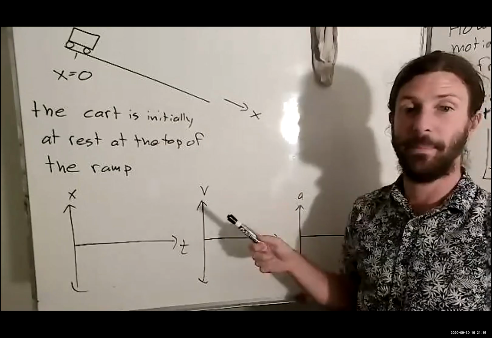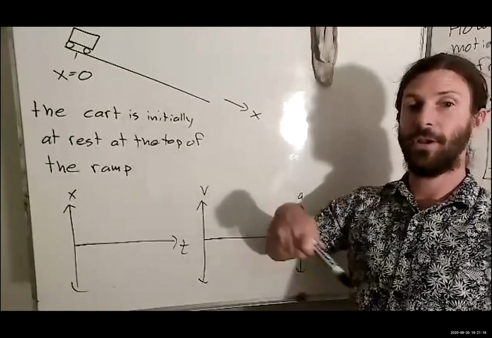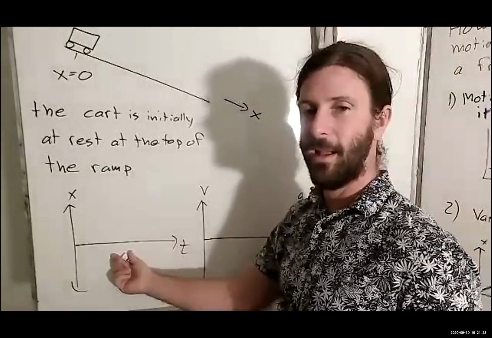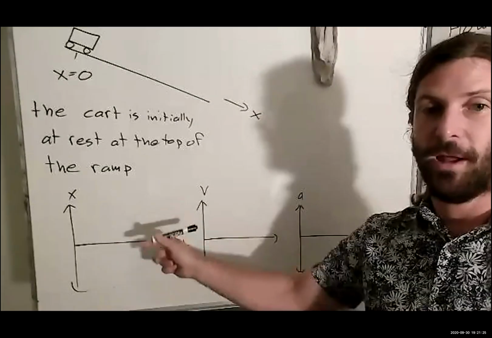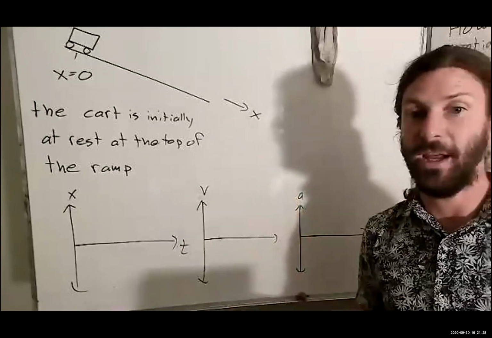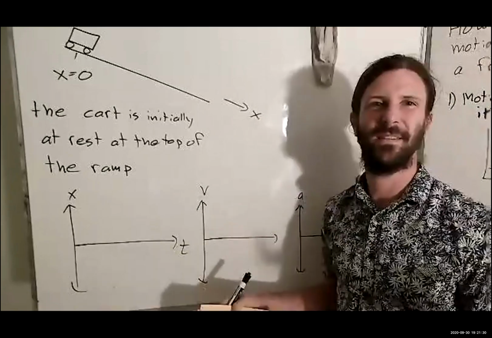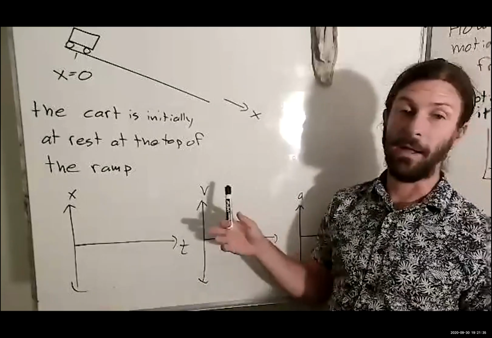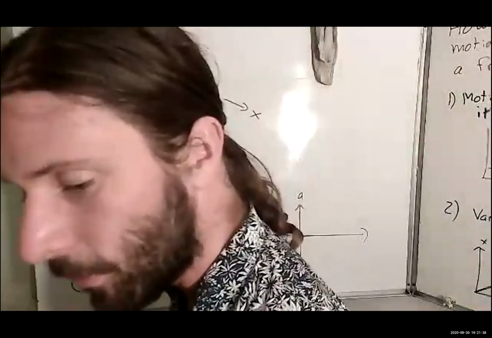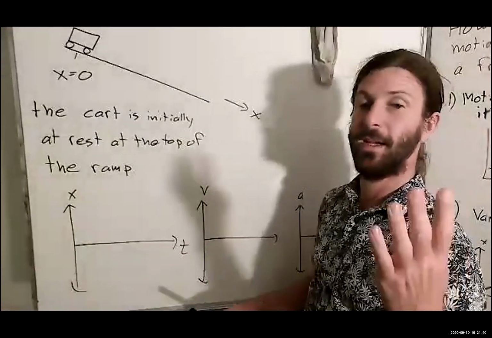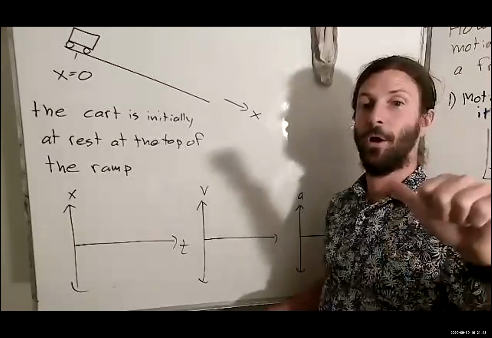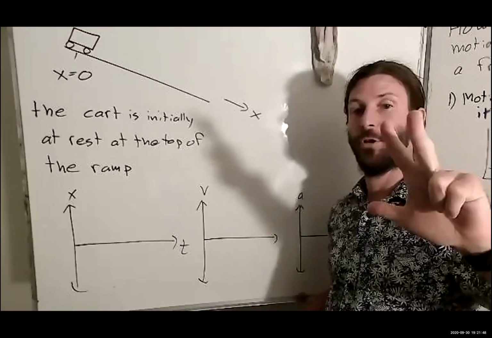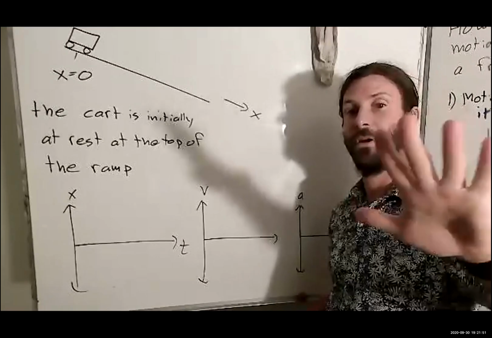Here are all the options: increasing line, decreasing line, horizontal line, concave up, concave down. Don't worry about concave up exponential or anything like that, but those are your five options: horizontal line, slope increasing line, slope decreasing line, concave up, concave down.